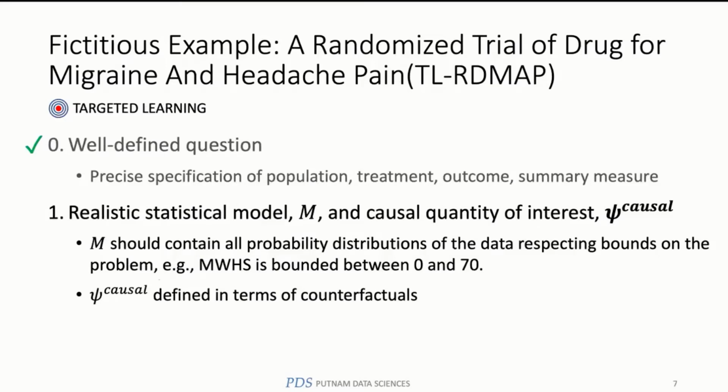The ones we're interested in are the ones that respect the bounds on the problem. For example, treatment is binary. The mean weekly headache score is bounded between 0 and 70. And our causal quantity of interest that I wrote as psi causal, we're going to define in terms of counterfactuals, not just as a coefficient in the model.